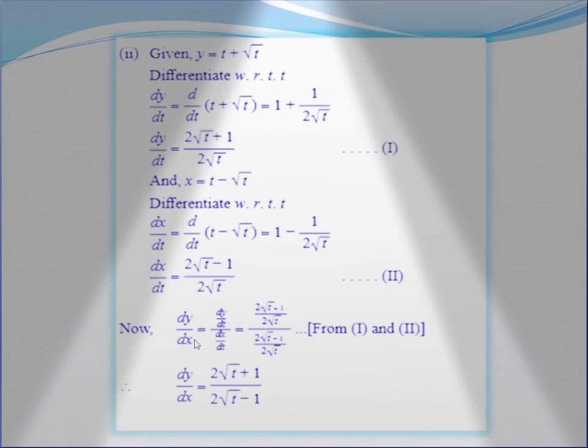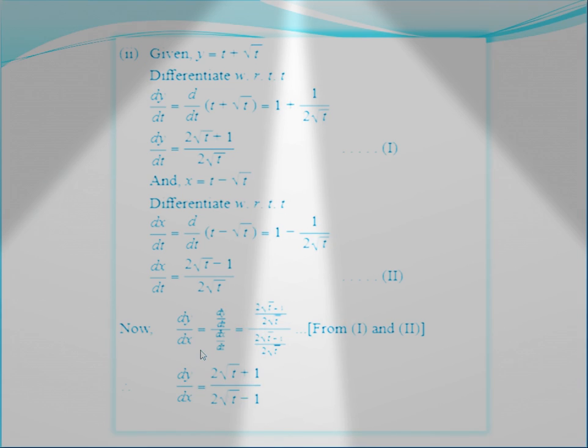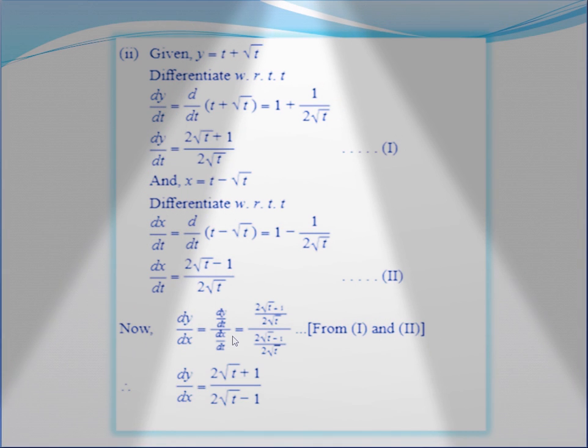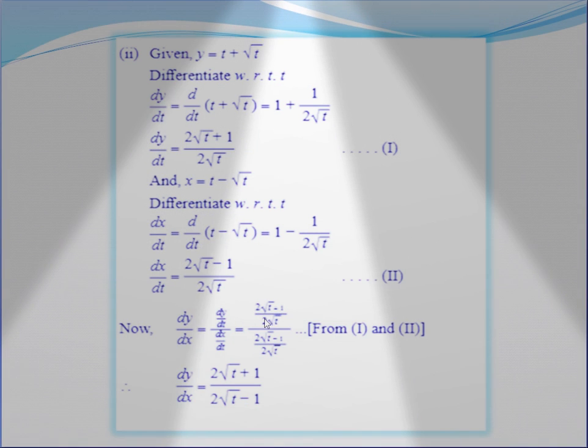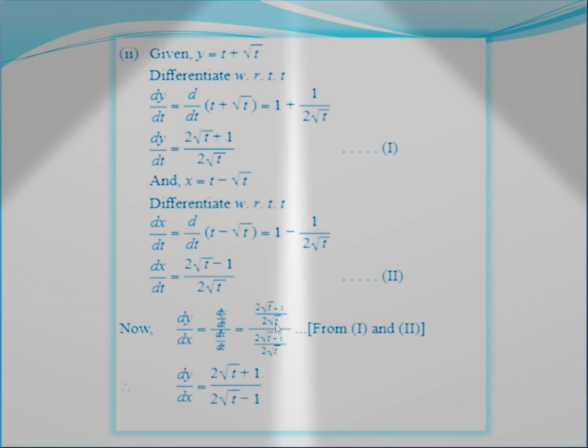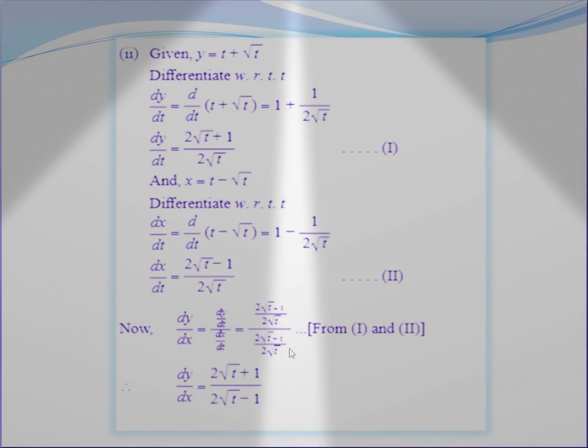Now we know that again the parametric rule is dy upon dx equal to dy upon dt upon dx upon dt equal to 2 into root t plus 1 upon 2 into root t upon 2 into root t minus 1 upon 2 into root t, from equations first and second.